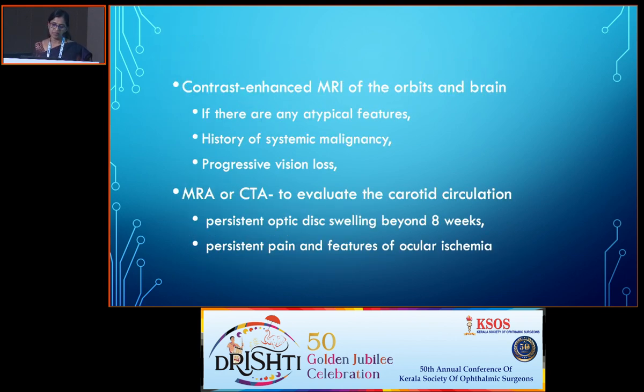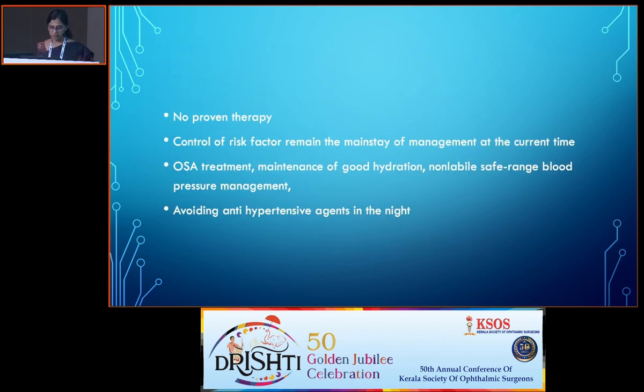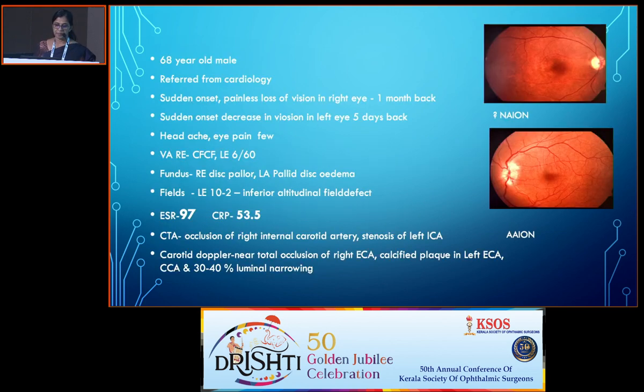Imaging should be done if there are any atypical features, systemic malignancy, or progressive vision loss. And MRA or CTA should be done if we suspect any problem with carotid circulation. So again, there is no definite treatment for that. We have to manage the risk factors.